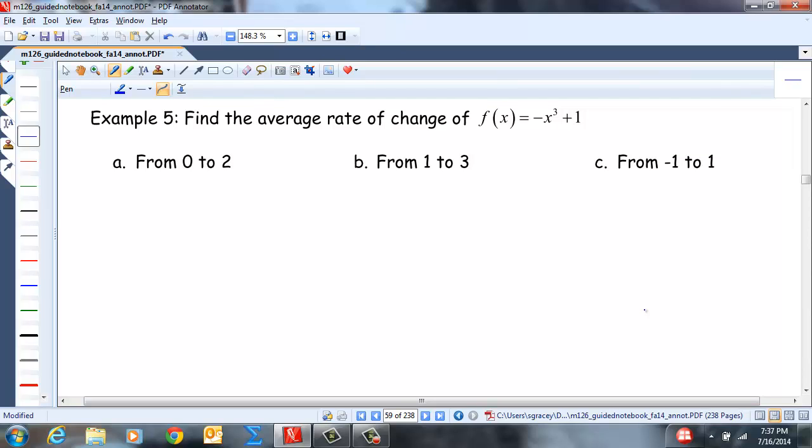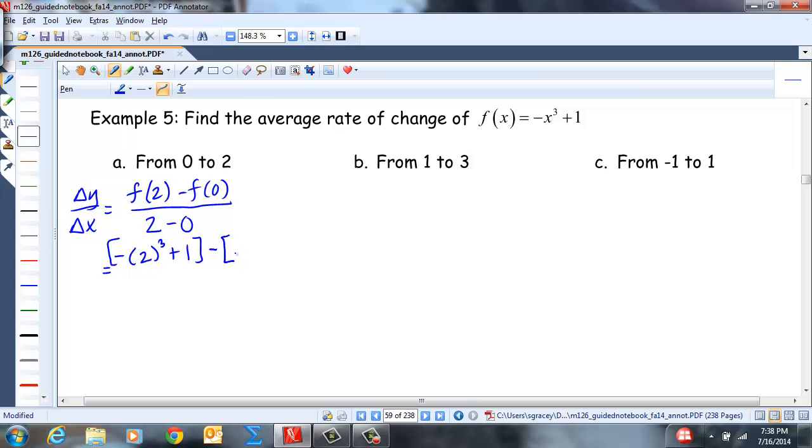Okay. So first up, if we're going from 0 to 2, the change in y over the change in x, again, is the function evaluated at 2 minus the function evaluated at 0 all over 2 minus 0, because our a is 0 and our b is 2. So f at 2 will be negative 2 cubed plus 1, and then f at 0 will be negative 0 cubed plus 1, all over 2.